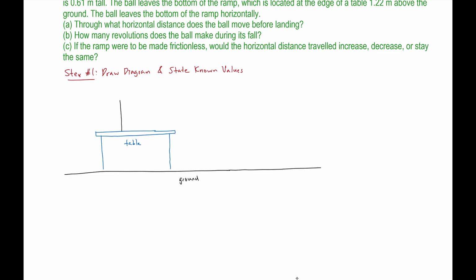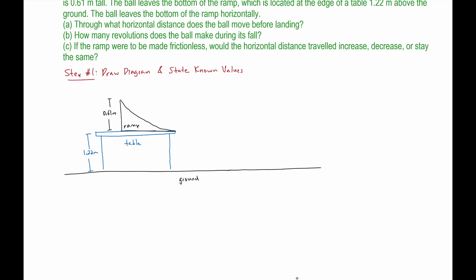The ramp starts at a certain height, it extends to the edge of the table, and it's probably something like this. See if I can draw this a little bit more curved. So this is our ramp. We're told that the height of the table is 1.22 meters. We're told that the height of the ramp is 0.61 meters.